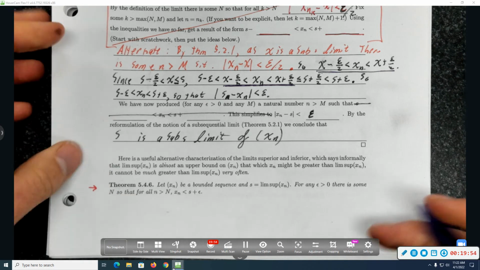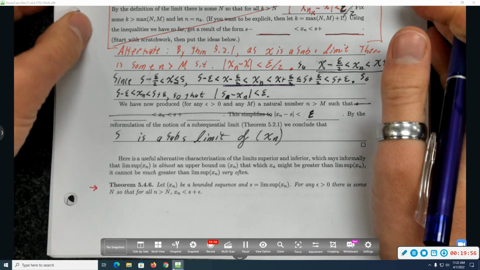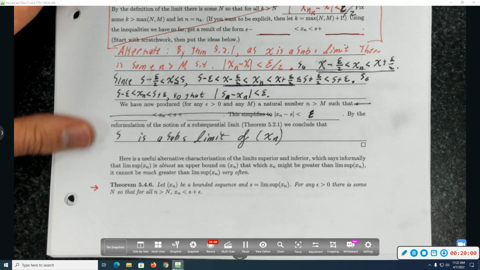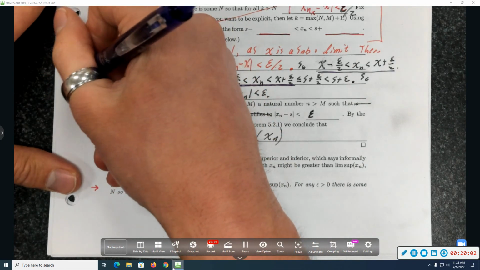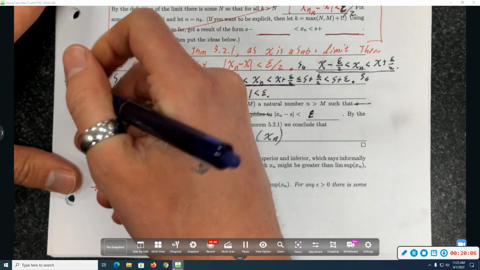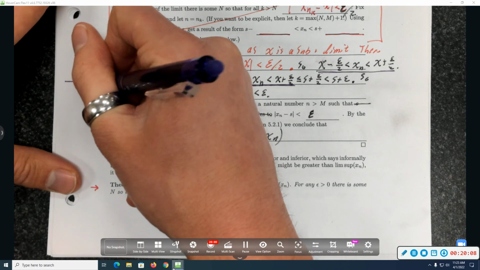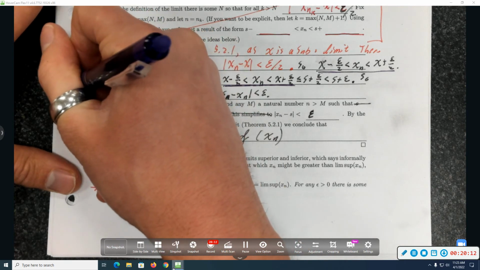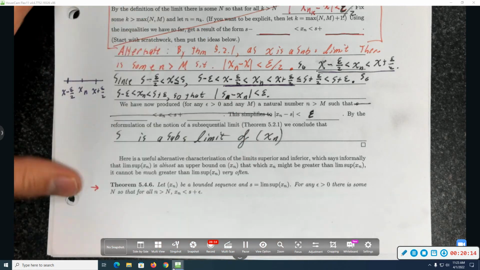Sure. So I know right now that there's xn. It is between x plus epsilon over 2 and x minus epsilon over 2.